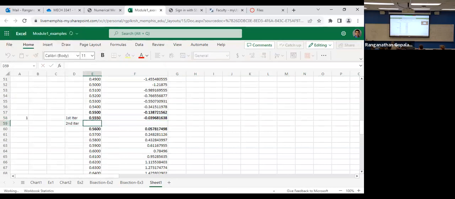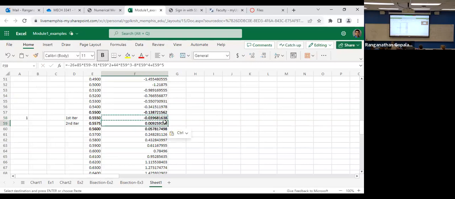Second iteration, which is the average of 555 and 560 divided by 2, and the function's value is 0.009. So now at 555 it is negative. At 5575, I'm sorry, at 5550 it's negative.